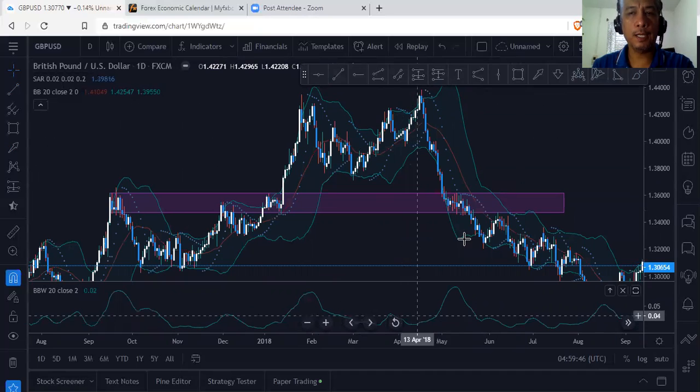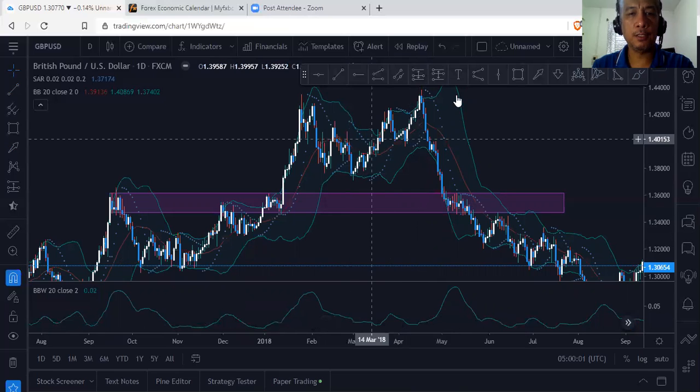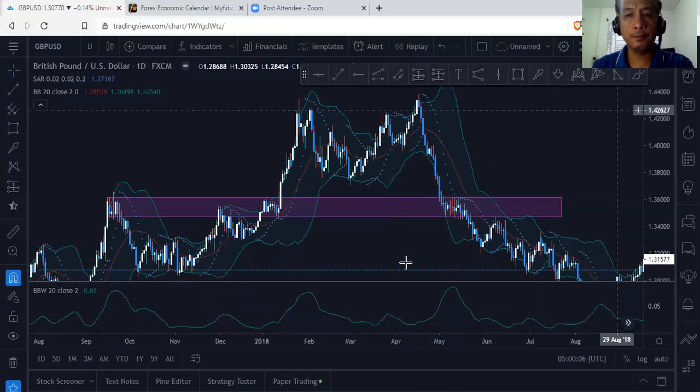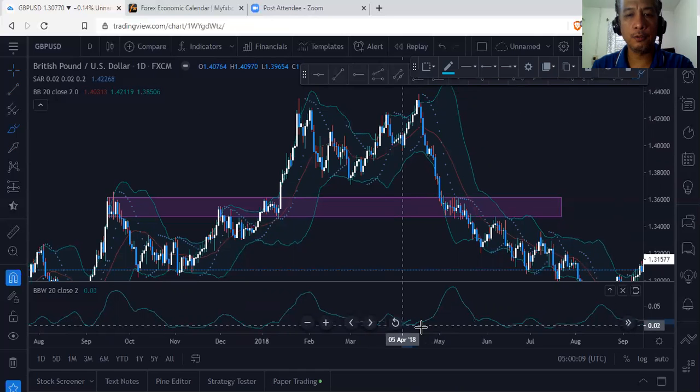So the squeeze happened. See that one? That area here. Meaning to say, when the Bollinger Bandwidth is in the lower portion, this is a squeeze from here all the way up here.